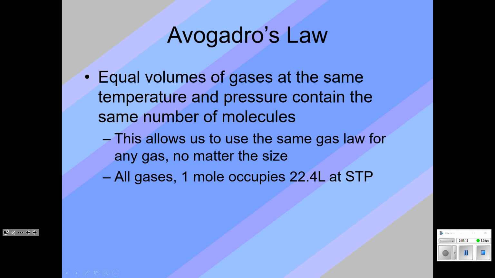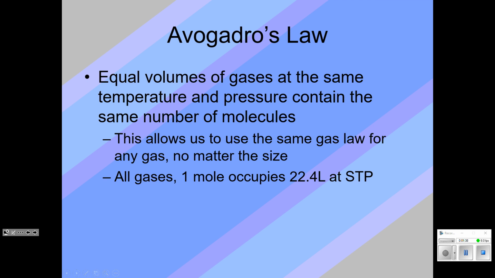So because gases are so tiny compared to the space that they occupy, we're able to say this. And I like to use the analogy of it doesn't matter if I had 24 Josies in this room or 25, think of, I don't know, who's a really big offensive lineman on the football team, but you get the point.